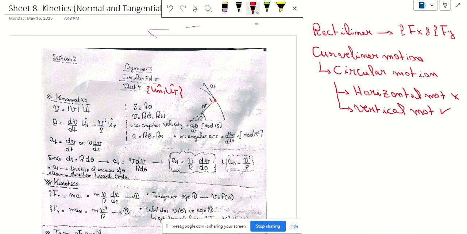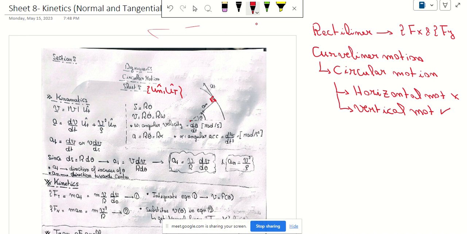The second one is perpendicular to it, and it's tangent to the circle in the direction of motion. So we have two unit vectors: the unit vector normal, which points from the particle toward the center, and the tangential one, which is perpendicular to the normal and tangent to the circular path in the direction of the motion.